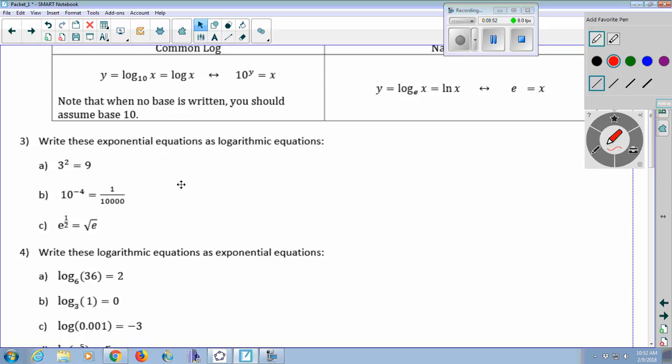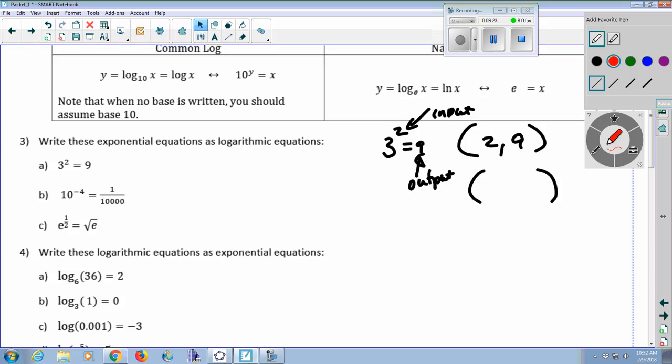I'm going to do these first couple in a slightly different way. I want to reinforce the idea that from a point on one function, you switch the coordinates to get the point on its inverse. So if I'm looking at 3 squared equals 9, my input here is 2, and my output is 9. What's going to be the corresponding point on my inverse function? 9, 2.